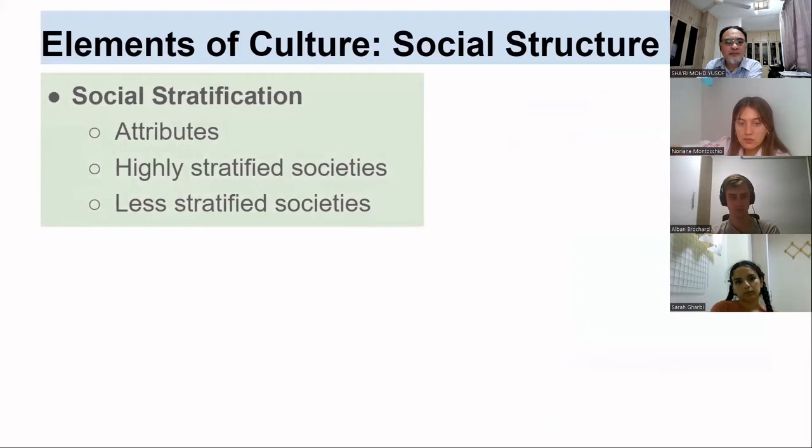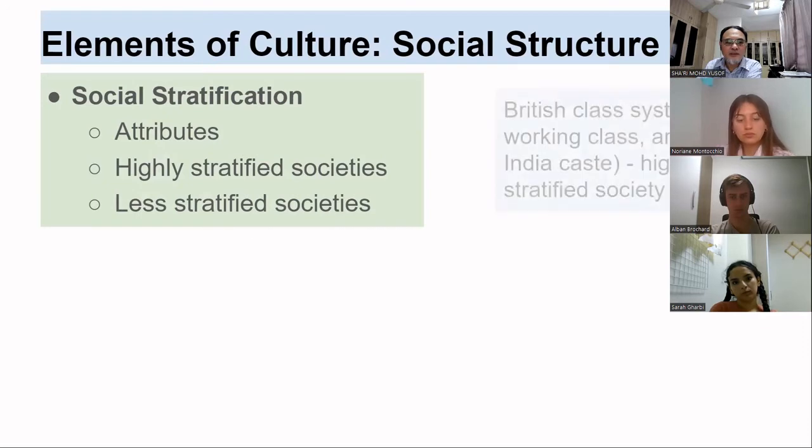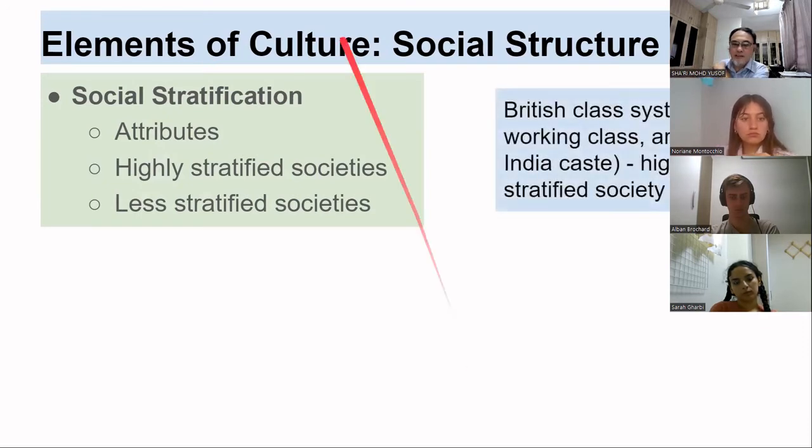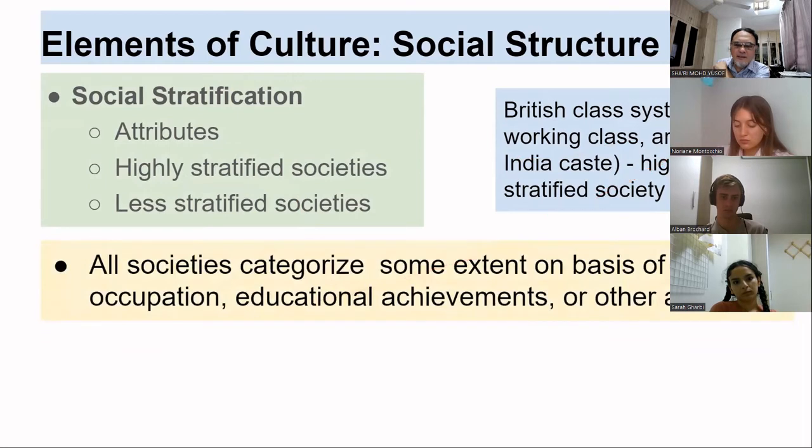The second thing in terms of social structure is social stratification. How is the structure in terms of the society? We mentioned just now this highly stratified society.